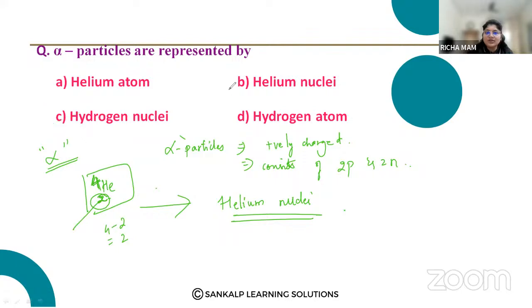It is option B, helium nuclei, because He is 2 and 4. So B is the answer. Remember that alpha particles are positively charged and consist of two protons and two neutrons.